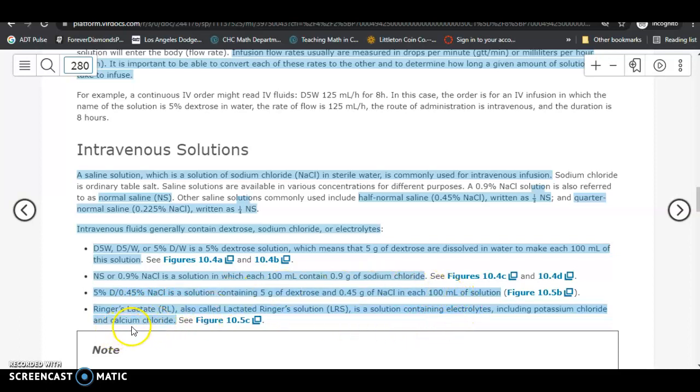And then you have Ringer's lactate, also called lactated Ringer's, which is a solution containing electrolytes, including potassium chloride and calcium chloride.